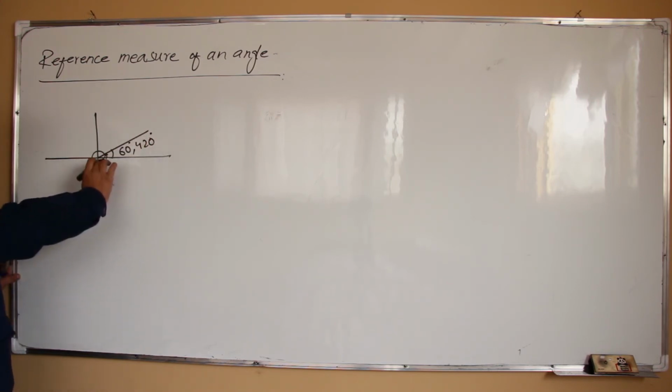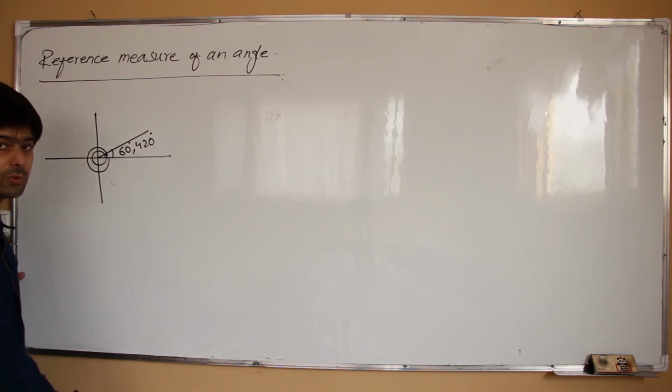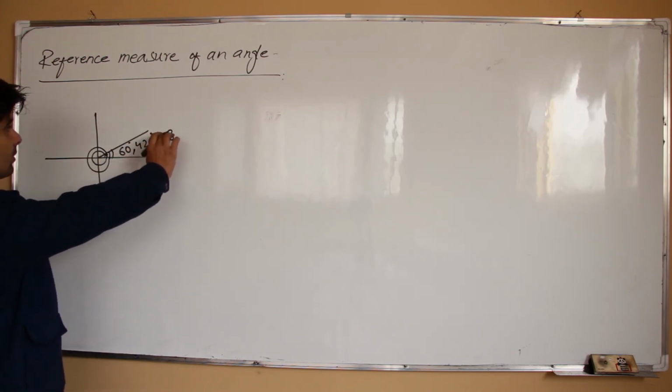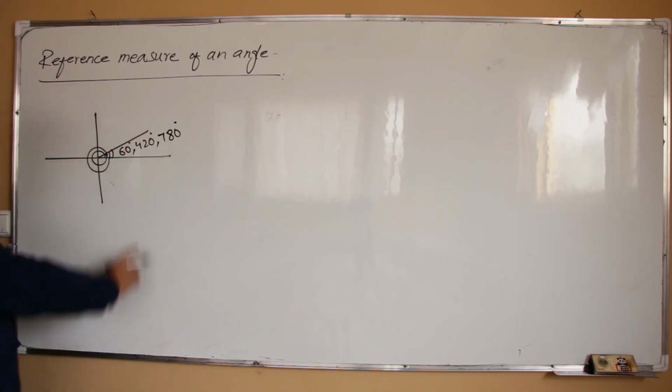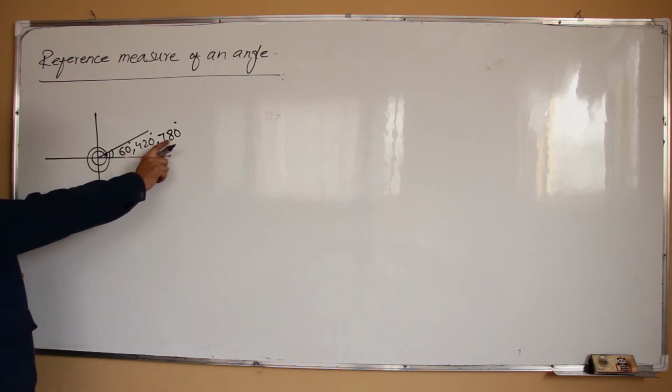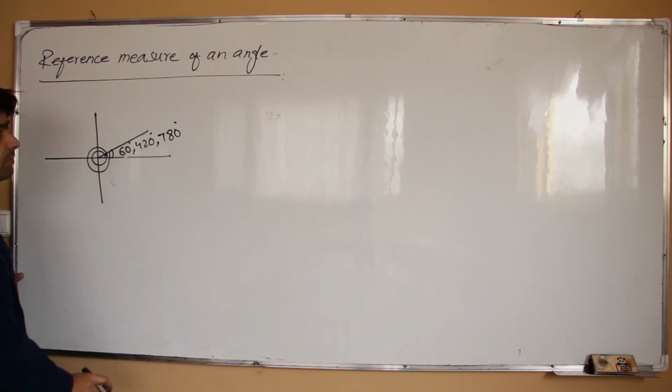Now if I have 2 revolutions, it would be 720 plus this 60, it is 780. Now this 60 is called the reference angle for 420. This 60 is called the reference angle for 780.